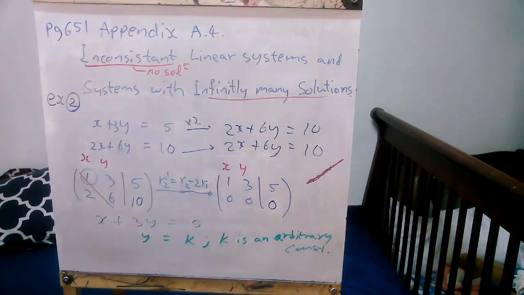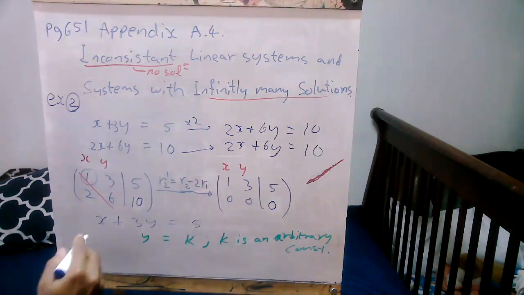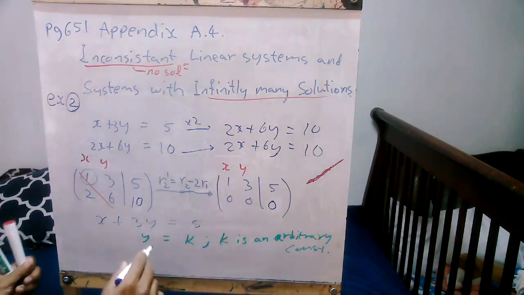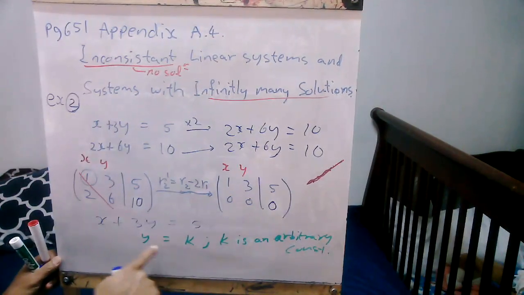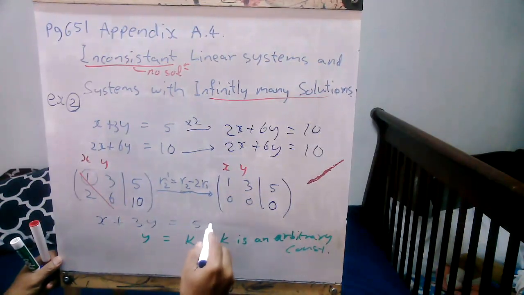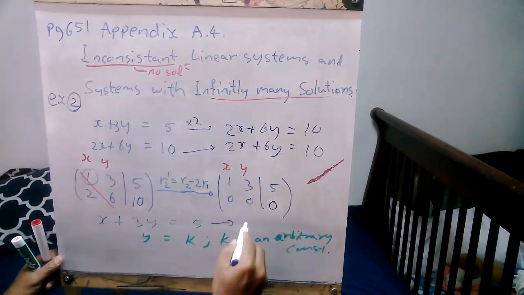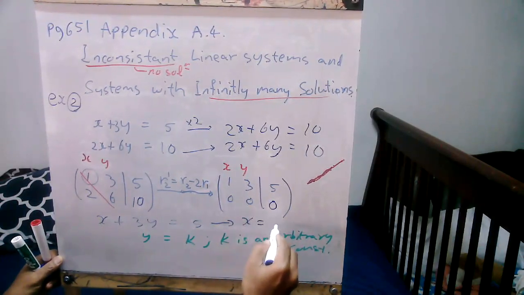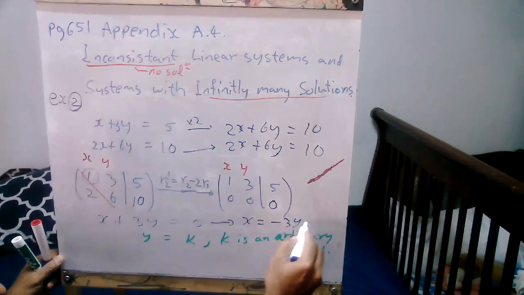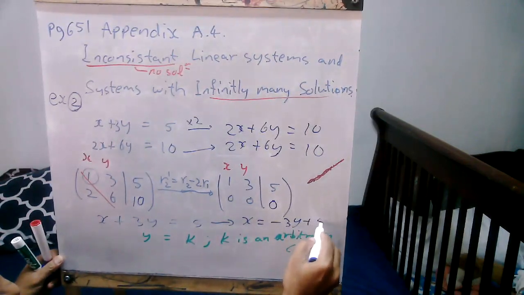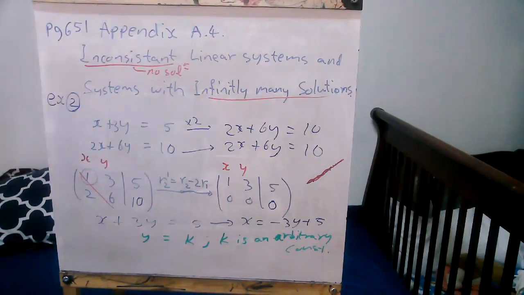Then we can write this in terms of y. If you solve this equation for x, we get x equals negative 3y plus 5, right?